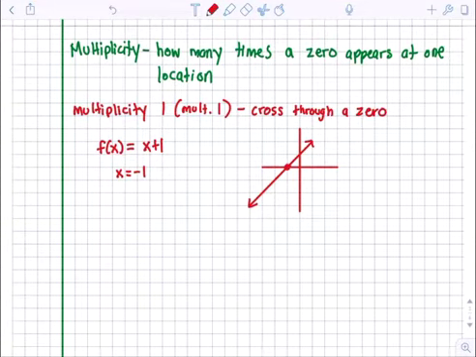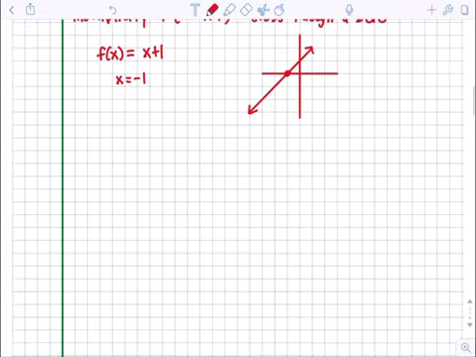So if you have a multiplicity of 1, you will notice that the graph will just cross through the zero right there. All it does is cross. So that's multiplicity of 1. Multiplicity of 2.